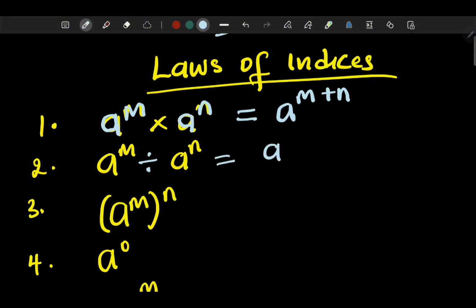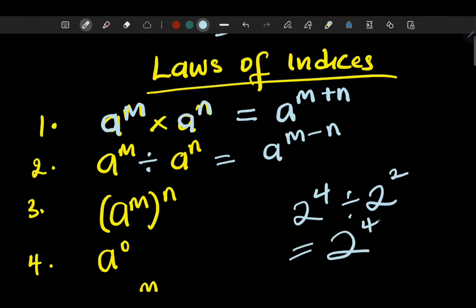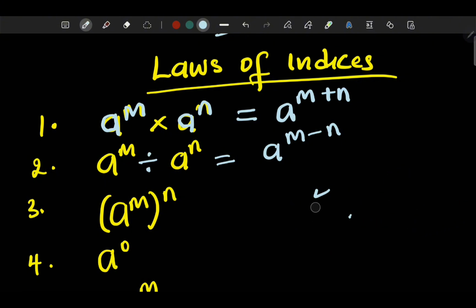So we call it A to the power of M minus N. If I have 2 to the power of 4 divided by 2 to the power of 2, for instance, I will just call it 2 to the power of 4 minus 2 because the bases are the same, and that is 2 to the power of 2. And that's just it. Easy, right?